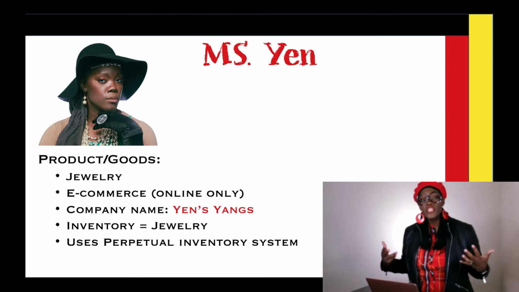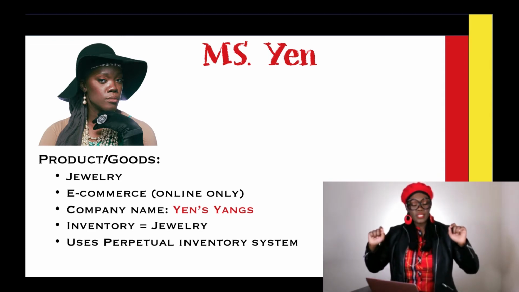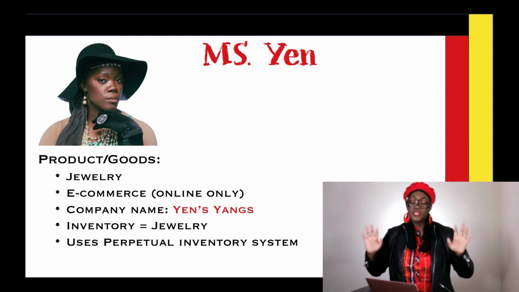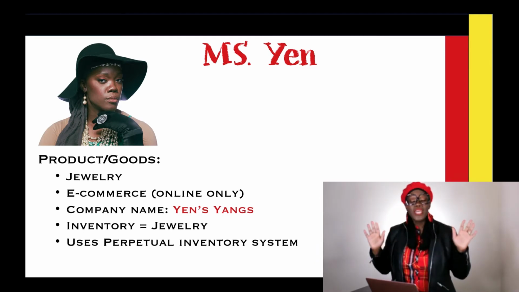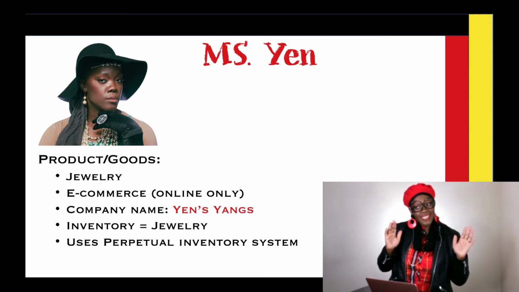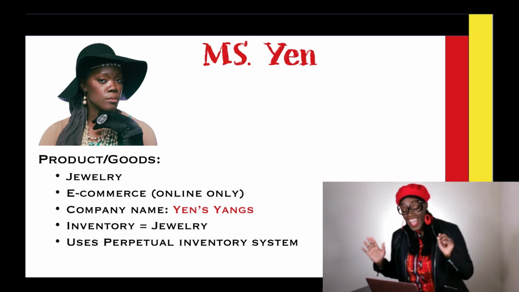She's going to do this completely on an e-commerce site, which basically means she's selling online. She's not opening up a brick and mortar business just yet. She's going to do everything online. The name of her company, get this, is going to be Yin's Yangs. I like that, right? She did too.